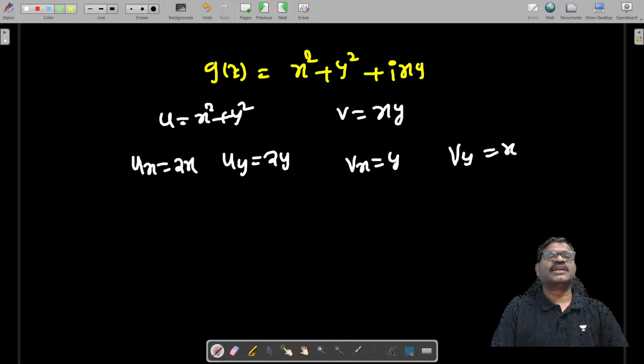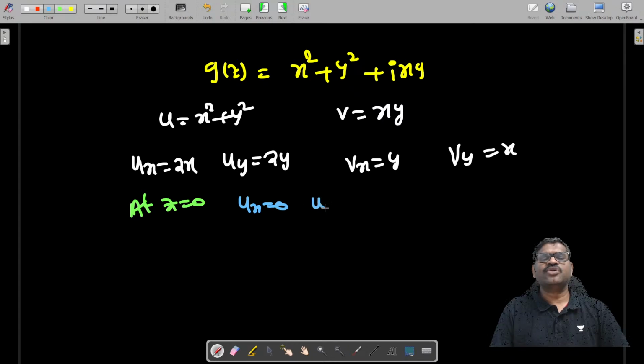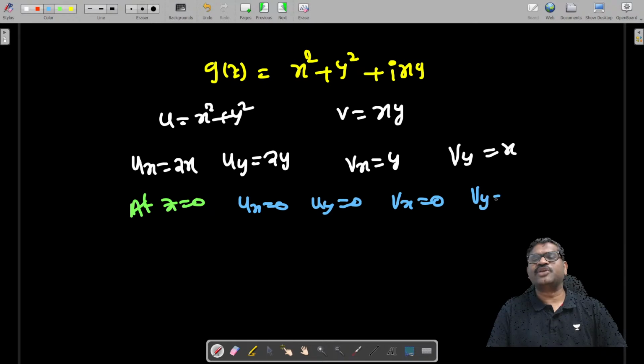The CR equations are not satisfied in general. At z equal to 0, ux is 0, uy is 0, vx is 0, vy is 0. Therefore, the CR equations are satisfied only at z equal to 0.